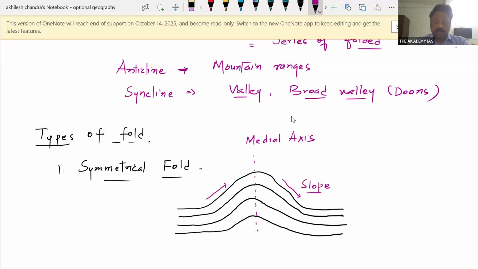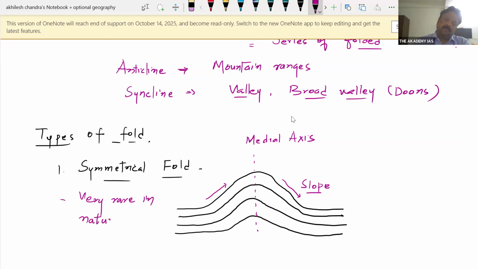Both the limbs have similar gradient. Then we call it symmetrical fold. And symmetrical folds are very rare in nature.